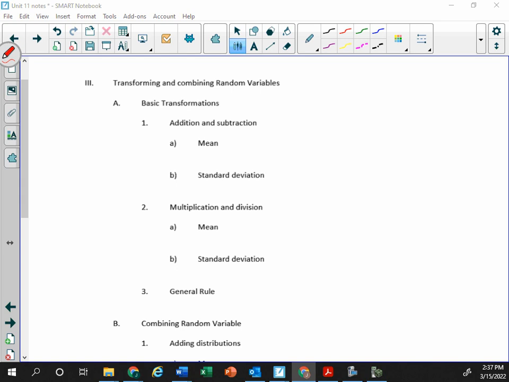Okay? Hang in there. I'll get you to an example here in a minute. So your basic transformations, if you're adding or subtracting, graphically you can think of this as a shift. You're just shifting the entire set of data values left, right, up, down, something like that. So this is a shift.